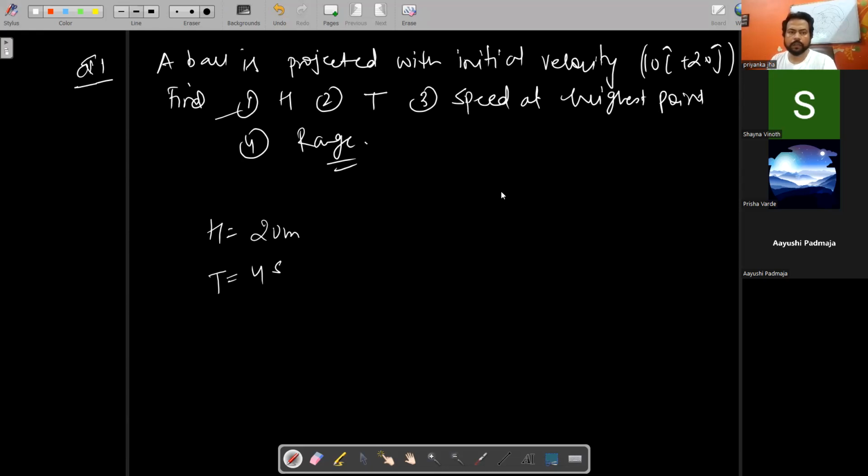So what was the range? Sir, I'm not getting the answer. And speed at highest point I have to find. Did these three match or not?